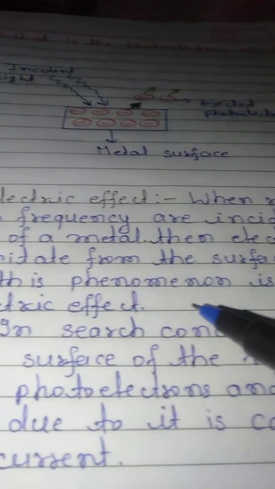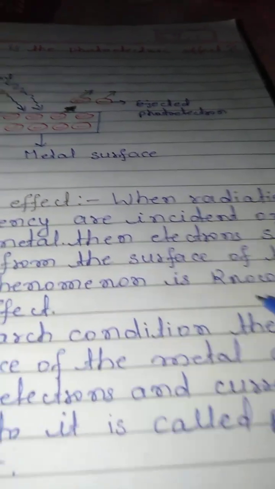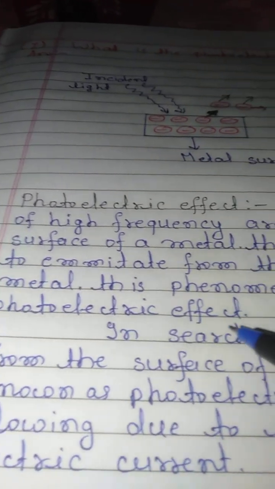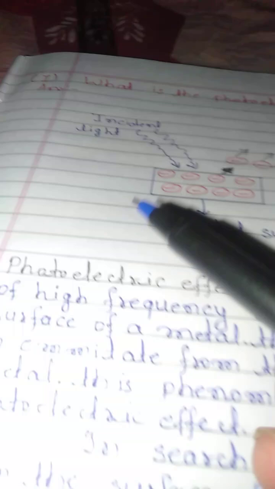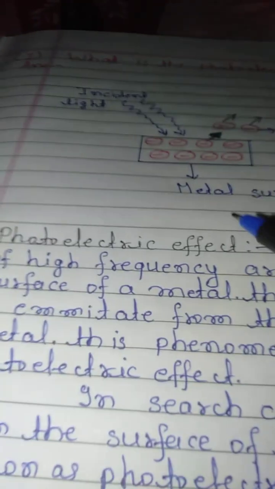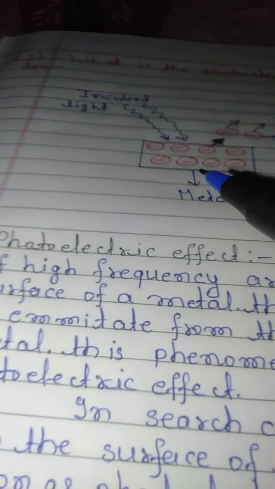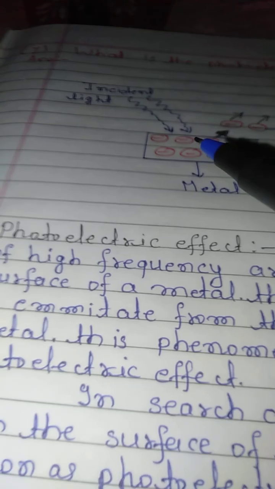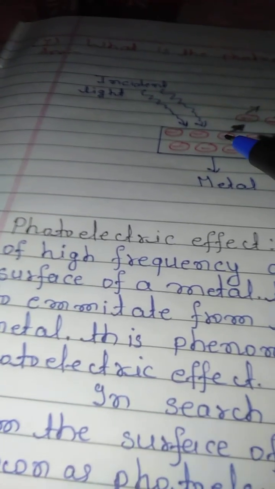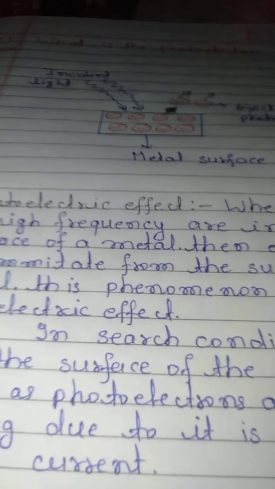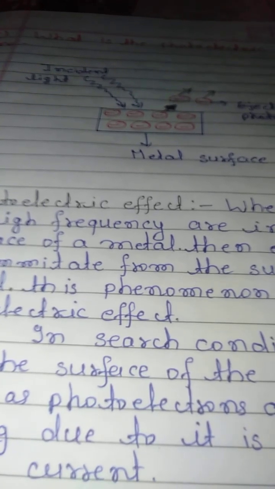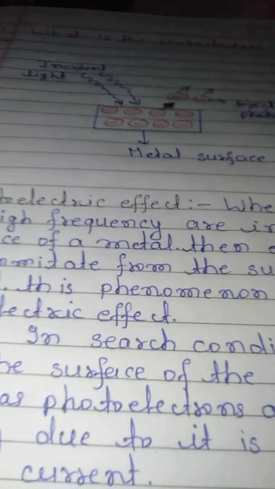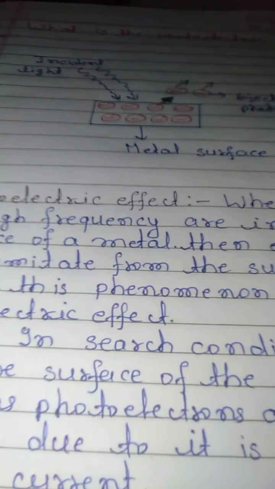This phenomenon is known as the photoelectric effect. Here the incident light is ultraviolet light. When it falls on the metal, then electrons start to be emitted from the surface of the metal.